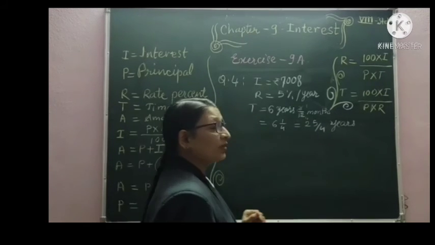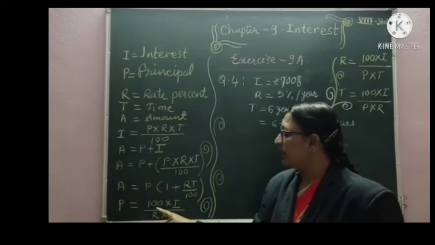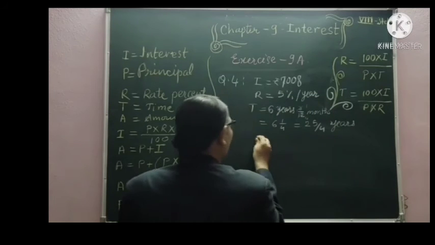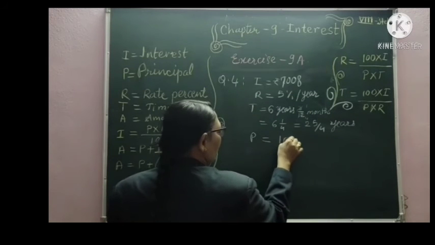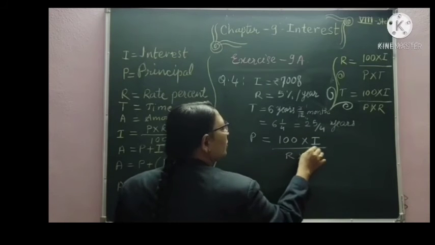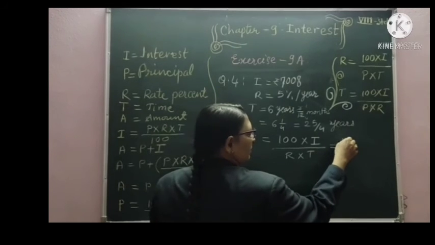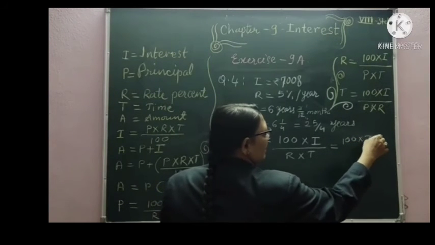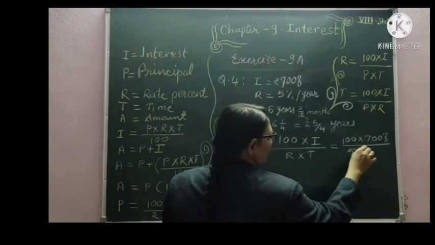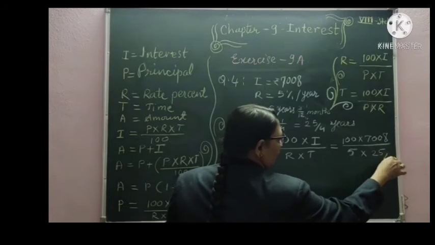Now we have to calculate the principal. So the formula of principal we will use here is 100 into interest upon rate into time. Principal is equal to 100 into interest upon rate into time. So we will substitute all the values: 100 multiplied by 7800 divided by rate 5% multiplied by time, time is 25 upon 4.